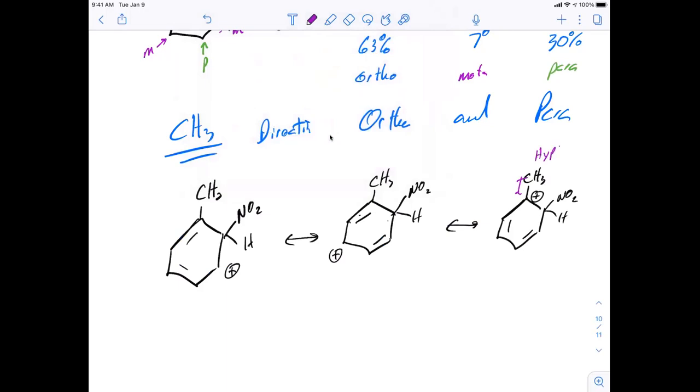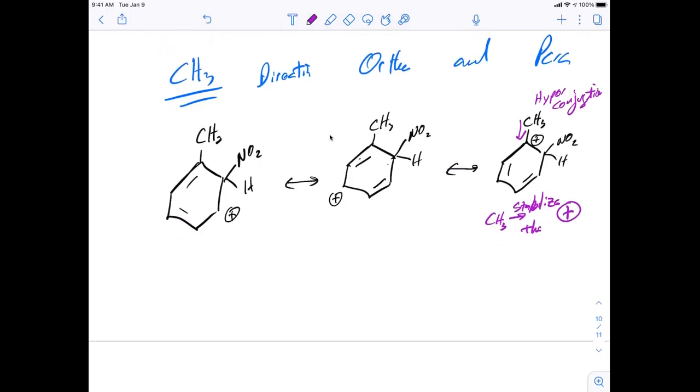And because of hyperconjugation, and I shouldn't show it with a plus, it's not a dipole, it's hyperconjugation, I can help stabilize that carbocation. So the methyl stabilizes the carbocation. So that's the ortho. If we had added the nitro to the ortho, that's the result.